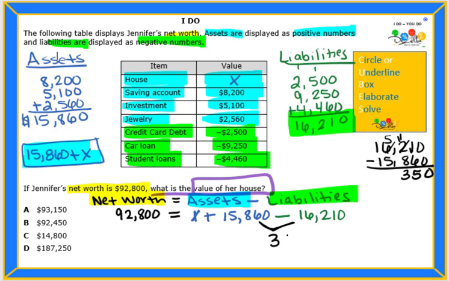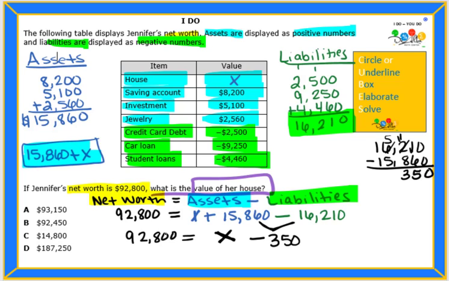That's $350. Remember that this is negative. So X plus negative 350 is just X minus 350. Okay, so now we have that is equal to 92,800. What we are saying is that X minus 350 is equal to 92,800.